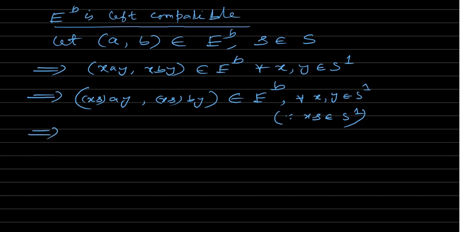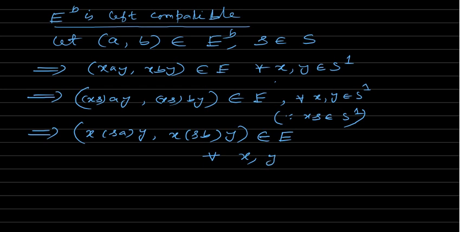So now let's apply the associative property. This is (xsay, xsby), this is E only, this is not E flat. (x, sb, y) belongs to E. This is true for all x, y in S1, but then this gives the pair (sa, sb) belongs to E flat.